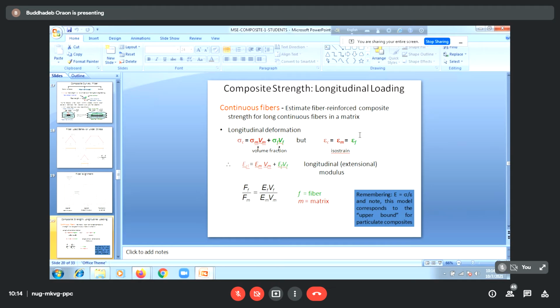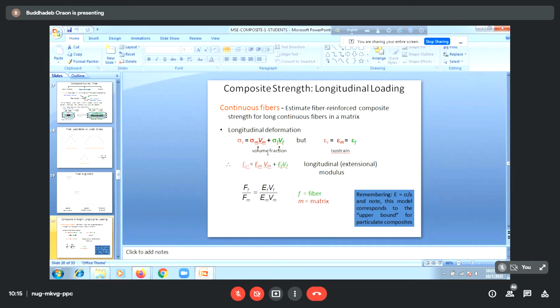Number two, the fibers are continuous and parallel throughout the composite. Continuous, again I am telling, does not mean that if the length of the part of the composite material is 1 meter, then the length of the fiber also will be 1 meter. It is not like that. We have already defined what we mean by continuous type of fiber.